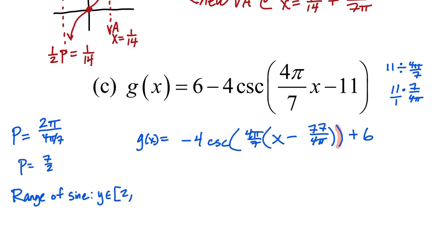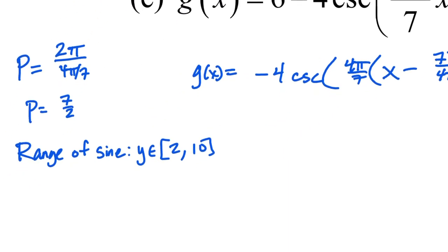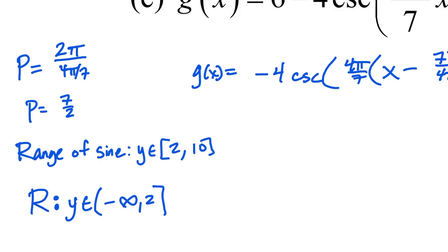And I know the high point would be d plus a, 6 plus 4, which is 10, right? And now I know, oh, if sine is everything between 2 and 10, its reciprocal cosecant is everything outside of 2 and 10. So the answer that I would post as my answer now is y epsilon, negative infinity to 2, bracket, union, bracket, 10 to infinity.